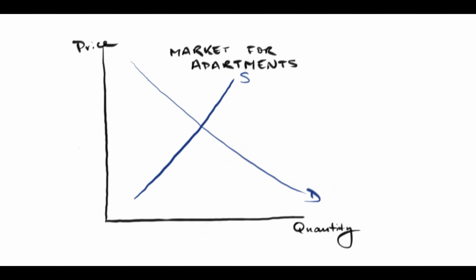Okay, so here's my simple market for apartments. There's some supply of apartments, some demand for apartments. In the absence of any regulation, the market would be in equilibrium at a price of P star, quantity of Q star. Remember, the equilibrium always occurs where supply and demand intersect.